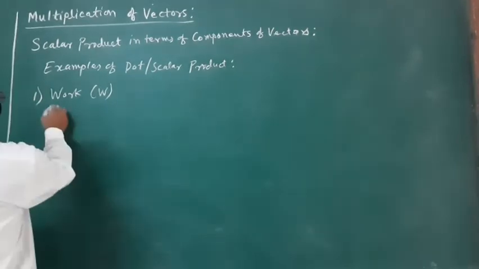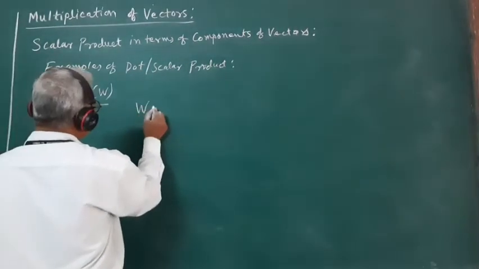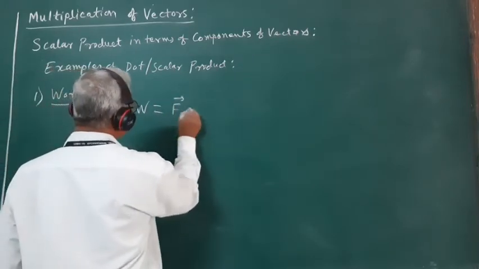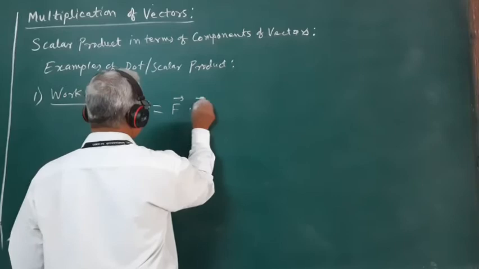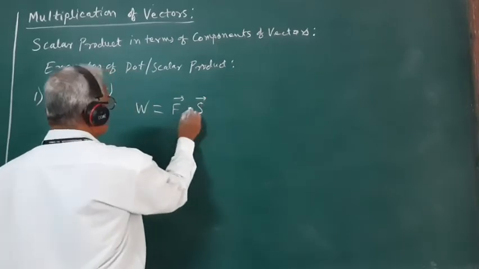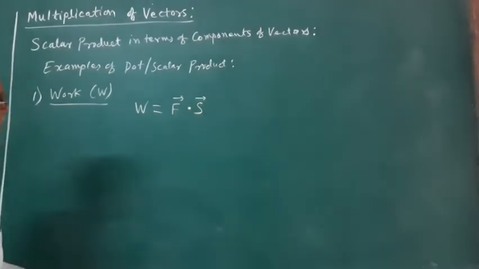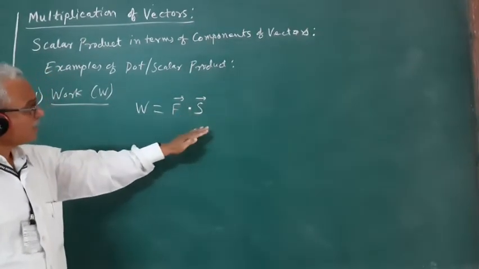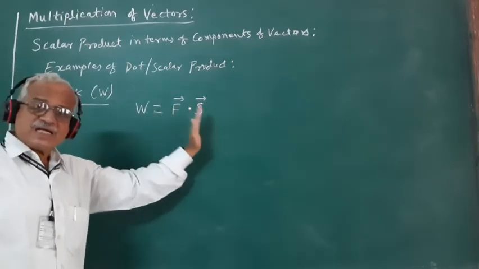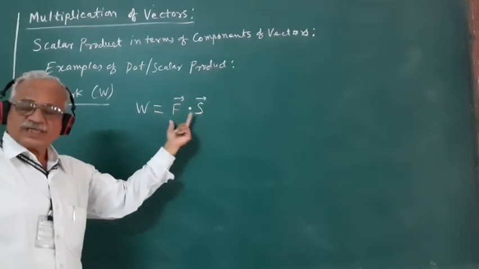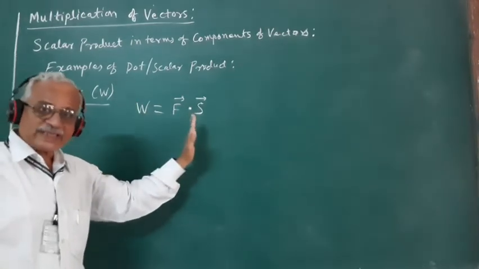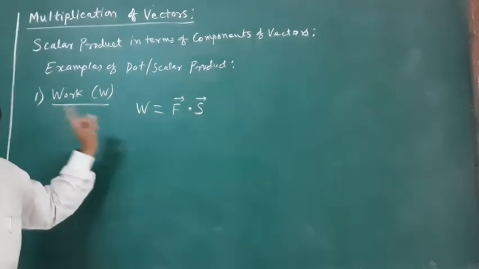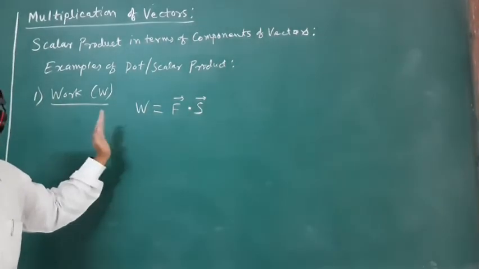As we know, the work done W is expressed as the dot product of the force and displacement, where force is a vector, displacement is again a vector, and if we take the product of force and displacement, that is the product of two vectors, it results in a scalar quantity called the work done or work.